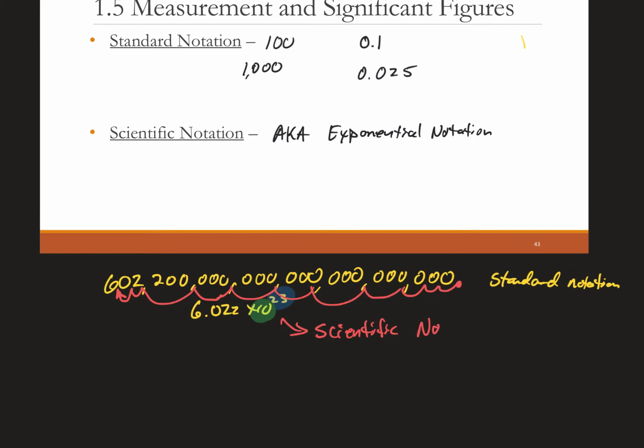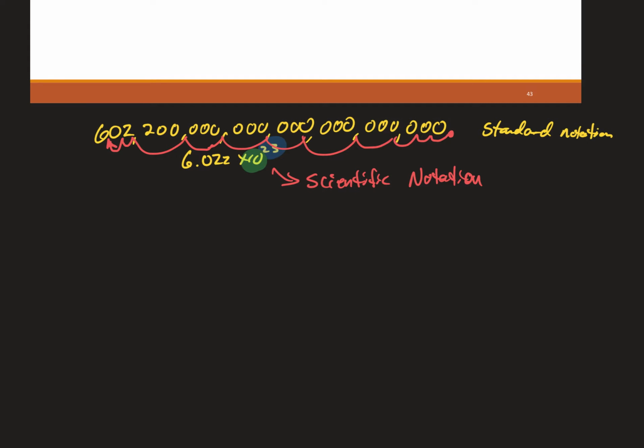Another way of looking at it is how many place values come to the right of that first digit right here, the 6. How many come to the right of it before the decimal right there?